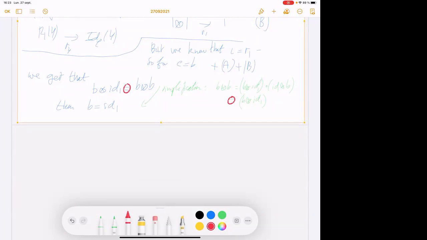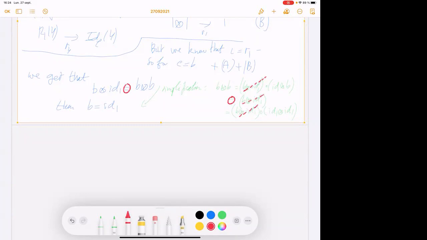So which is equal to B tensor ID1 composed with ID1 tensor ID1. Trivially. But we can compose with B tensor ID1 inverse because it's an isomorphism. So in some sense, we can just simplify like that.